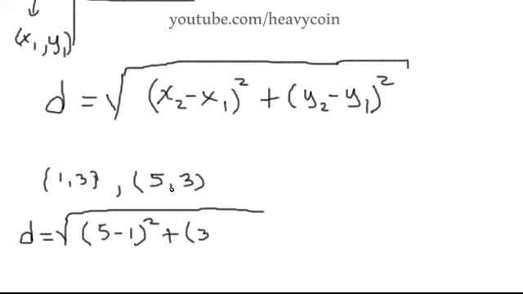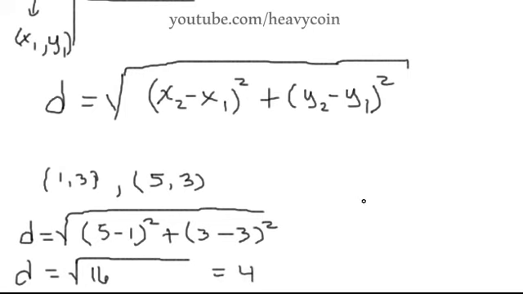Just go with it. And of course, this ends up being 5 minus 1 is 4, and 4 squared is going to be 16. And then that's just 0. So I didn't need all that part of the square root, but the square root of 16 is 4. So the distance is 4.